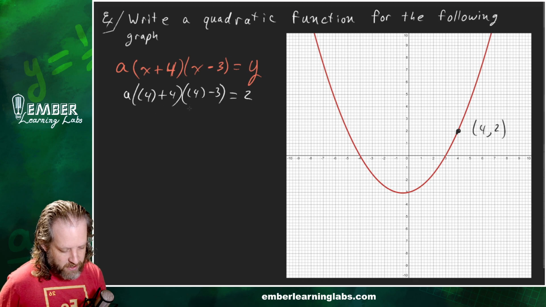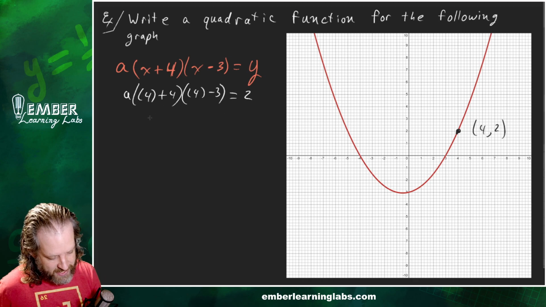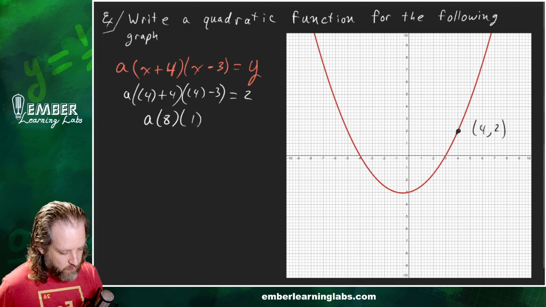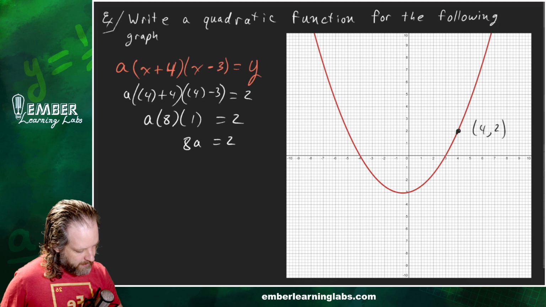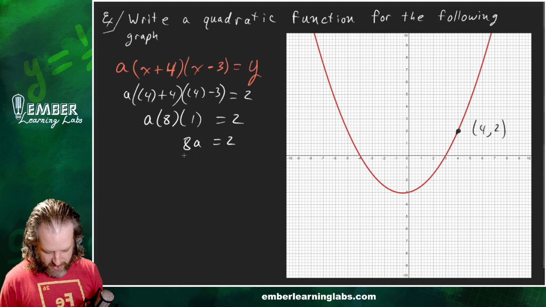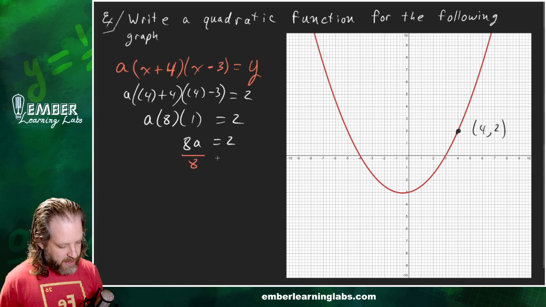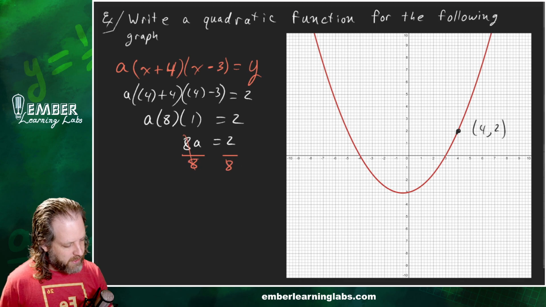And so now we're going to solve for a. So 4 plus 4 is 8. So a times 8. 4 minus 3 is 1 equals 2. 8 times 1 is 8, so this is 8a equals 2. Now we're going to solve for a here by dividing by 8 on both sides, because that 8 is multiplied.